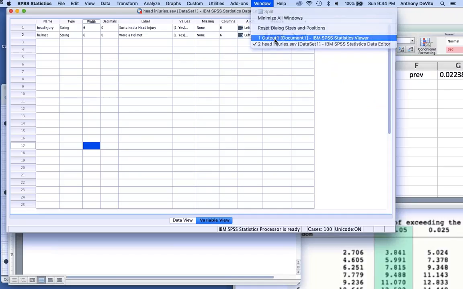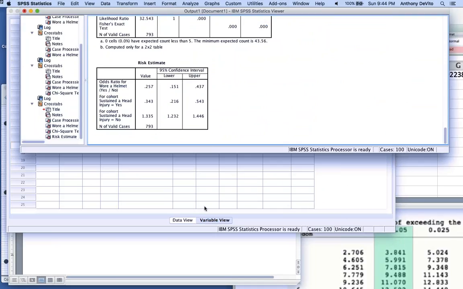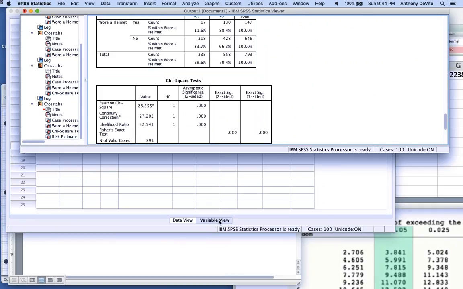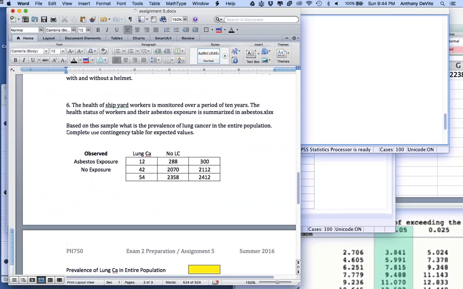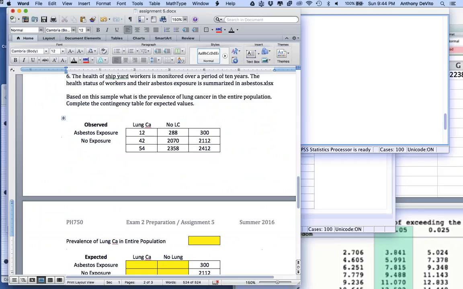In fact, if we had the data organized that way, you could have inputted all 700 of these people into SPSS and actually done a similar analysis. In this case, we gave you the summarized data rather than the actual raw data, which represented all 2,412 people, their health status, lung cancer, and their asbestos exposure.